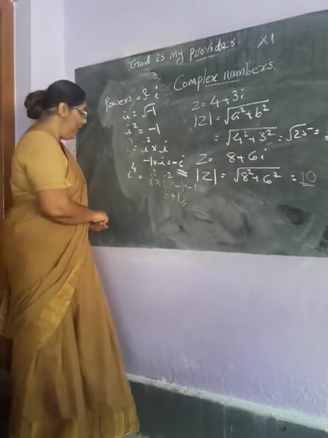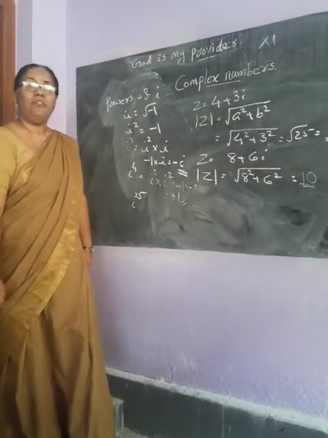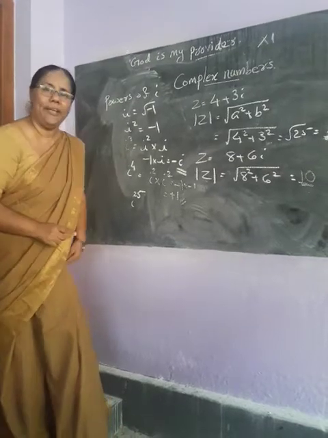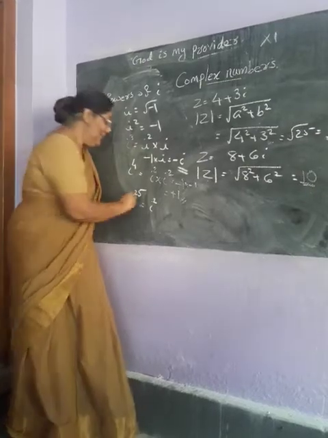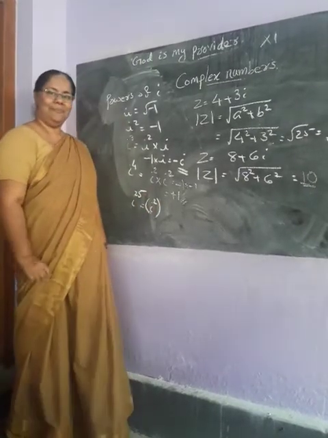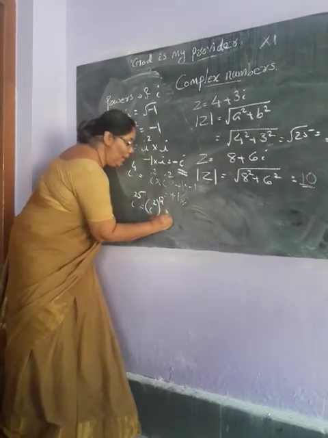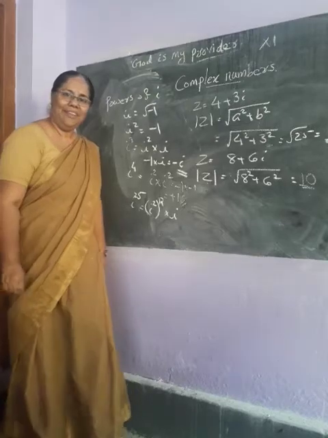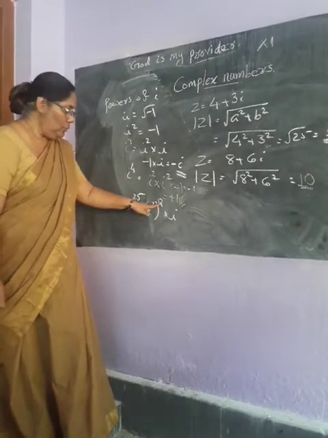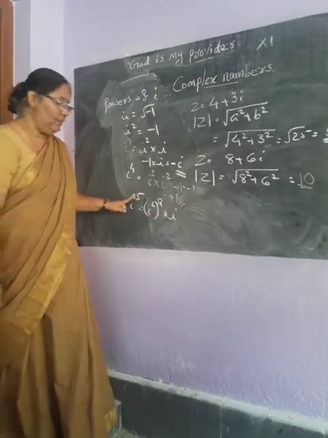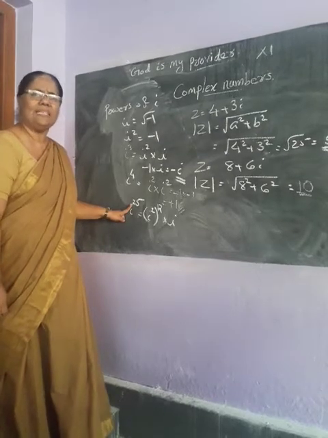Now, can you find i raised to 25? How can you write it in terms of i square? i square the whole raised to 12 into i. Okay, agree? i square raised to 12 means 2 into 12, 24 plus 1, 25. a raised to m into a raised to n is a raised to m plus n.